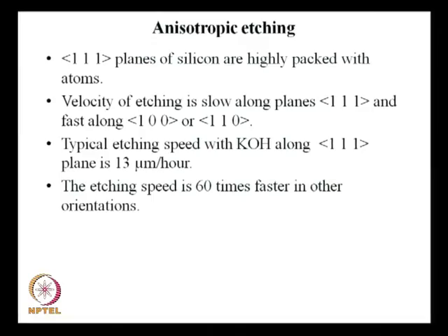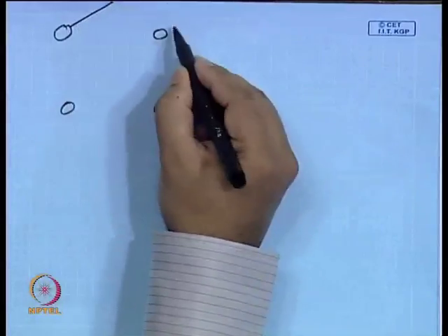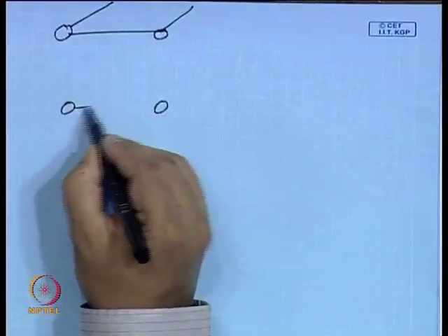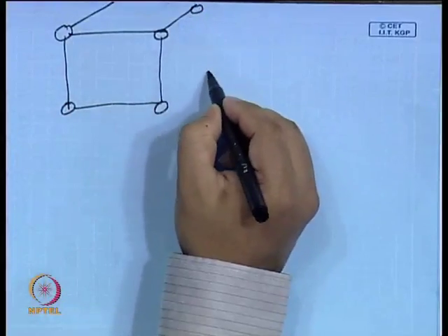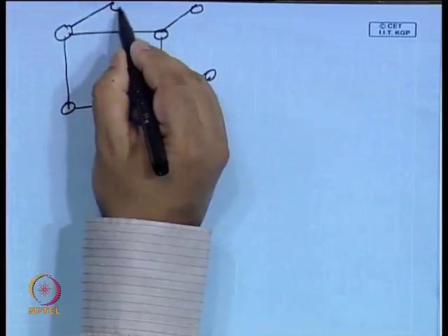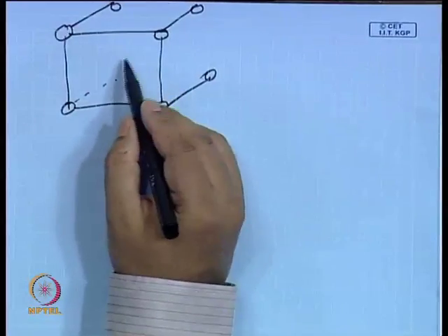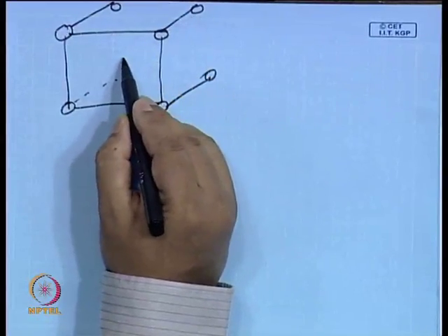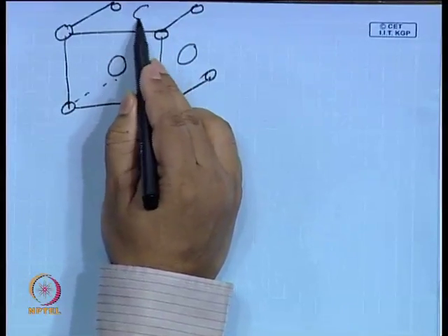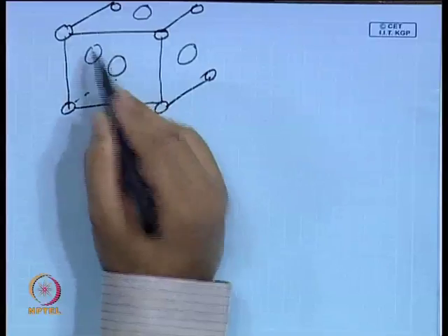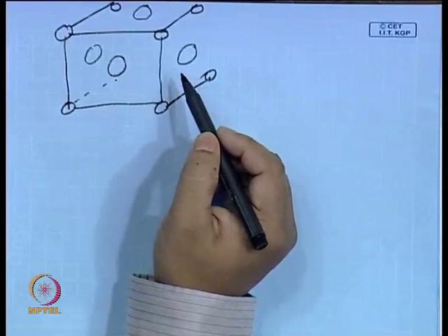So, this is a cubic lattice and the atoms are in place. Over and above these atoms you have atoms at the center of each face. This is a face centered cubic lattice structure.